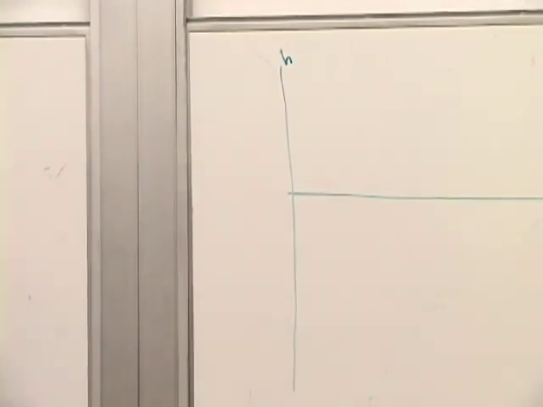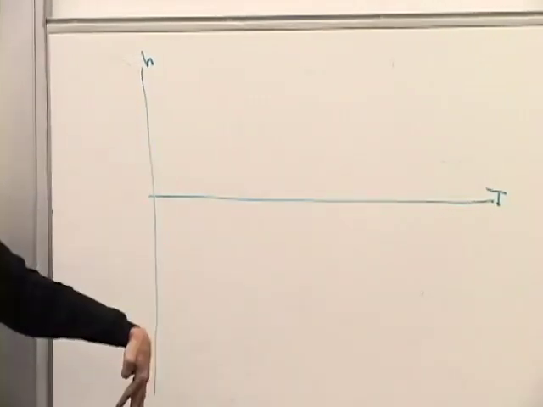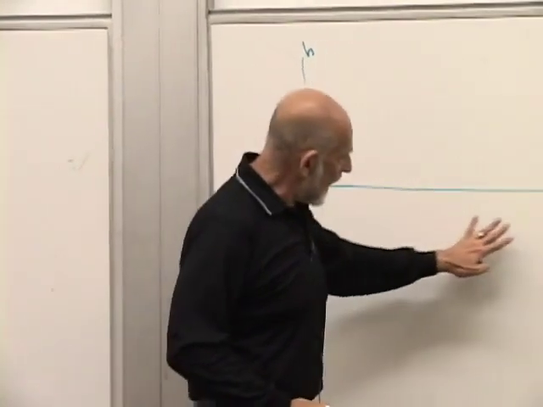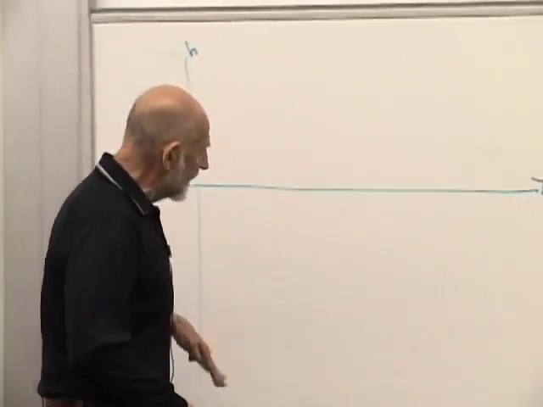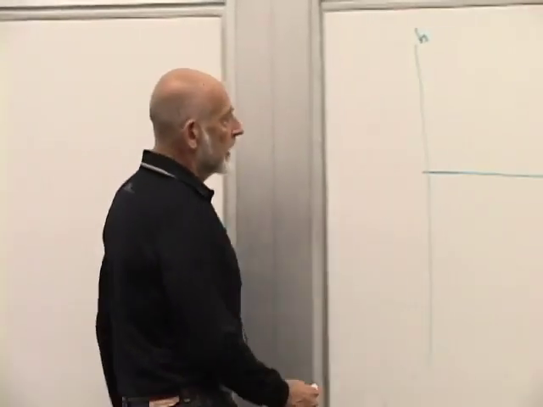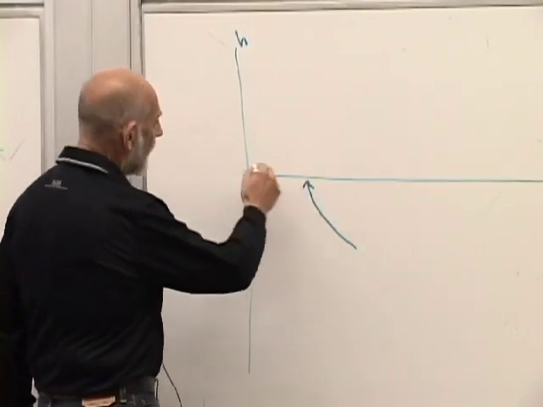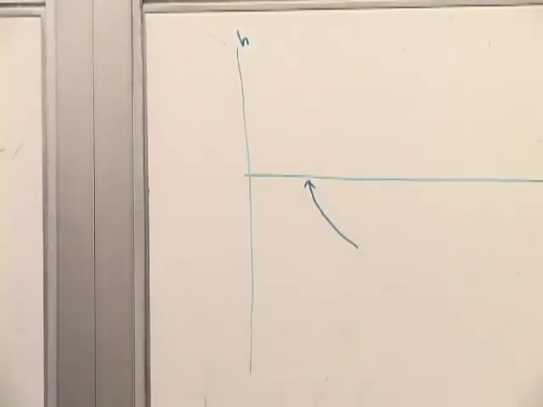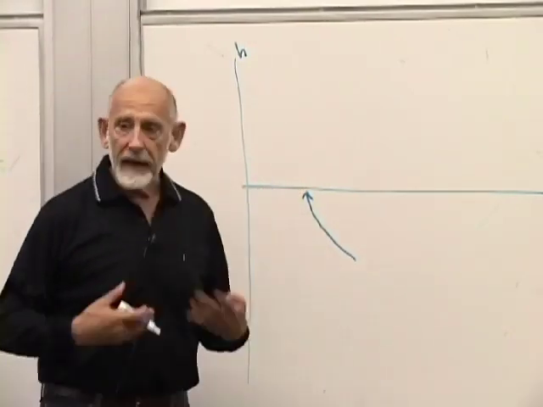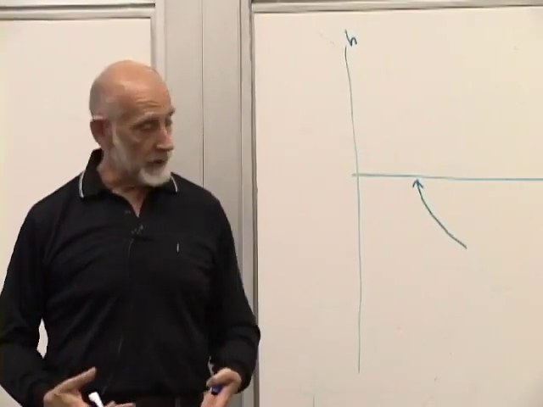And if H is less than 0, in other words, the magnetic field is pointing down, it will bias all of the spins down, and throughout this entire quadrant here, the average spin will be down, that's for sure. But if you approach this line where H is equal to 0, it may or may not be that when you just get to that line, the magnetization is still there, or it may be absent.